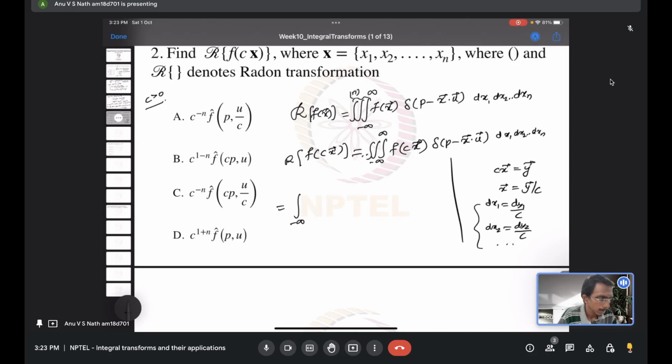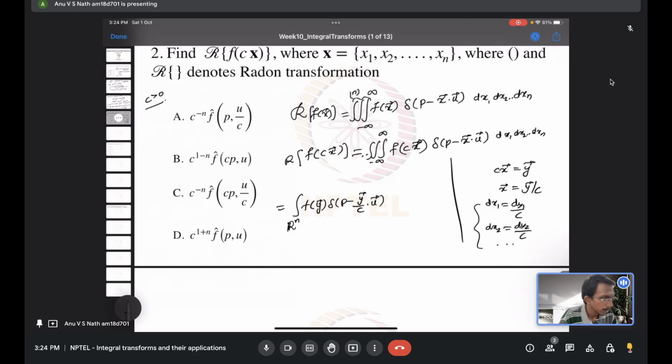Let's say I'm using a single integral over the n-dimensional real space, and f of cx I can write as f of the y vector, and delta of p minus x I will write as y by c, then taking a dot with the direction cosine.